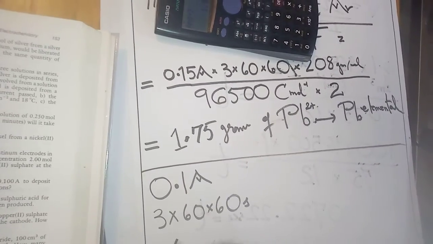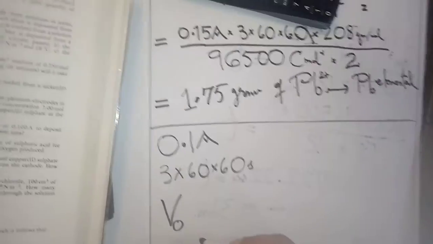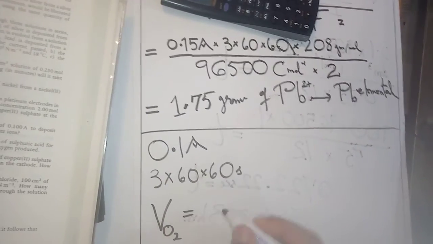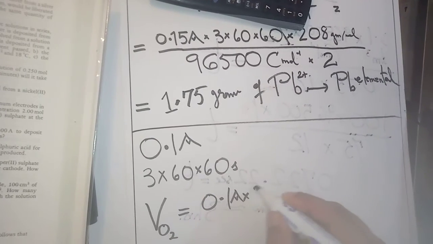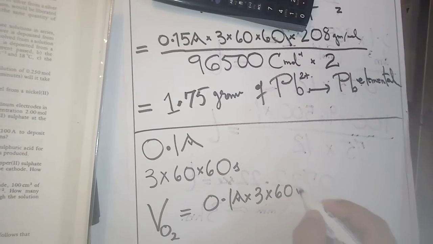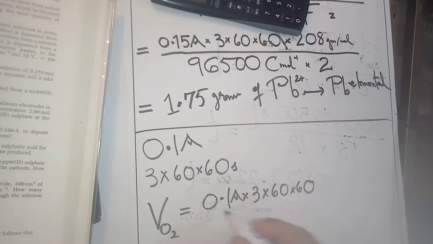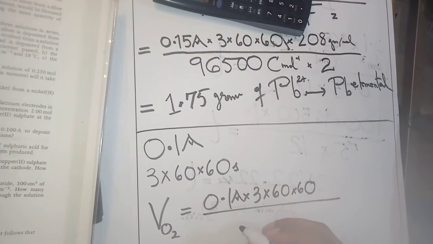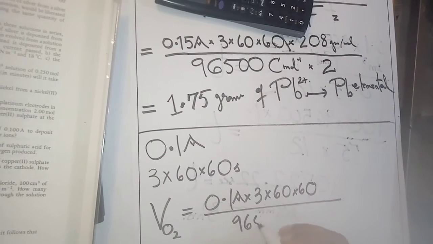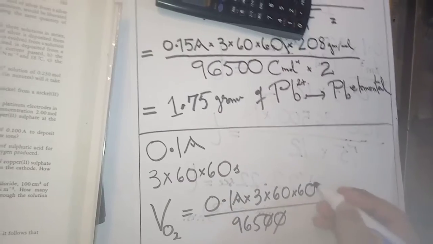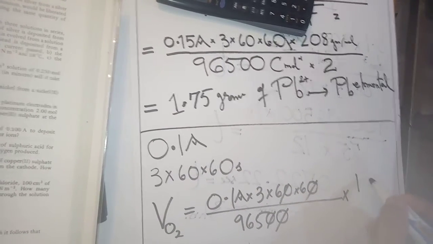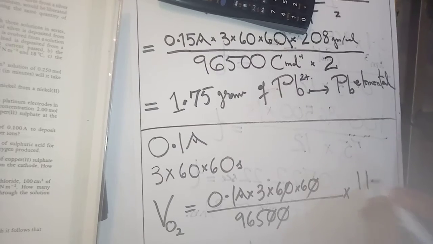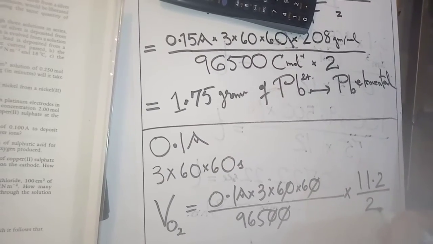So it'll be volume of oxygen equals 0.1 times, STP, so that'll be 11.2 divided by 2.